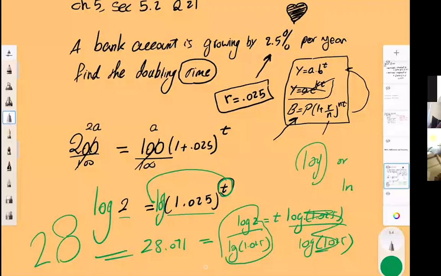Section 5.2, number 8. I solved this question on YouTube. This is chapter 5, section 5.2, question 008.